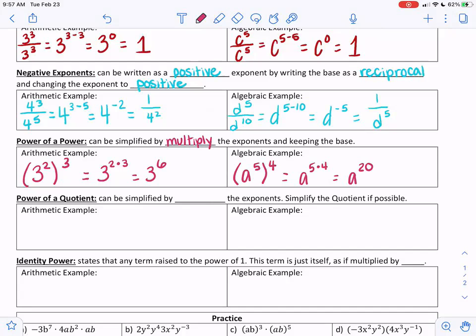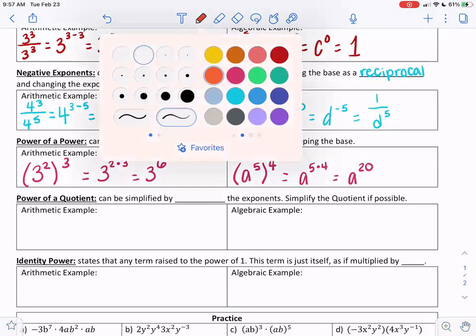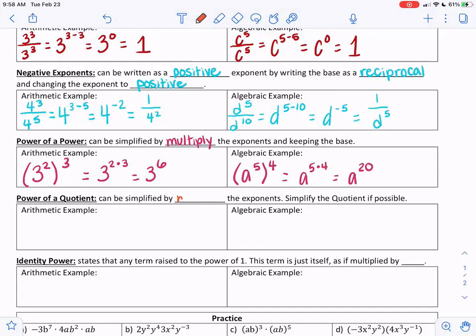The power of a quotient. The power of a quotient is the same thing. We're going to multiply the exponents. And then the difference is we're going to simplify the quotient if possible. So over here, let's talk about the arithmetic example. We'll do 3 to the 2nd over 4 to the 5th, and we're going to raise all of that to the 3rd power.